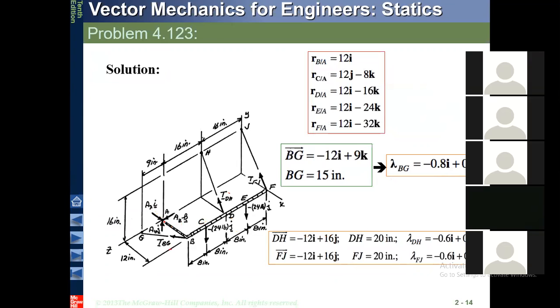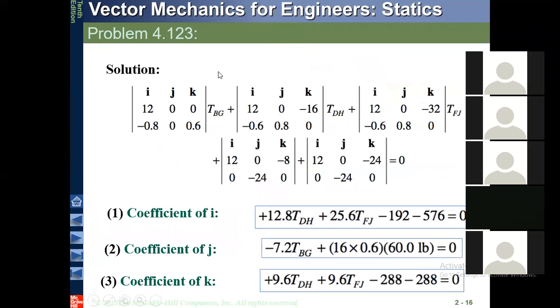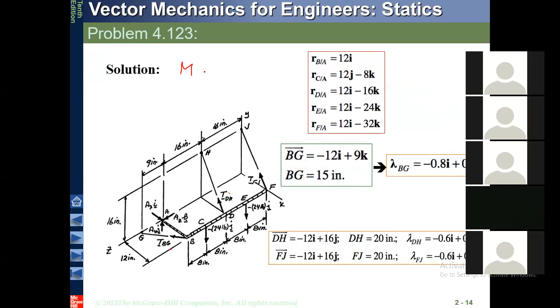So if you take the moment around this by actually writing the vector equation of moment, which is M equal to r cross F. So if you take the moment around point A, which is equal to 0, this is going to be a vector equation that you're going to have three equations for three components.